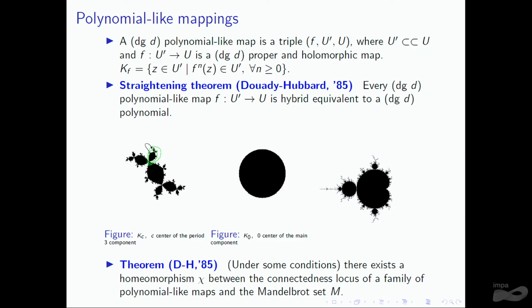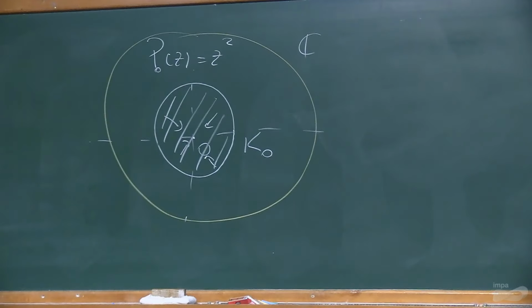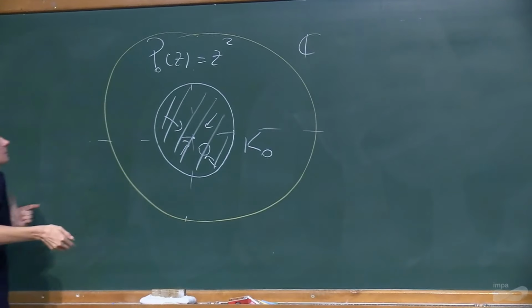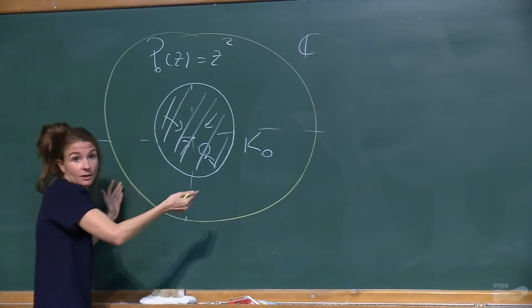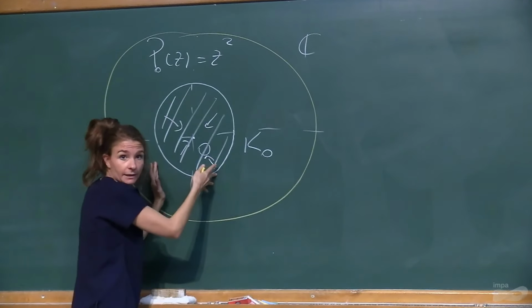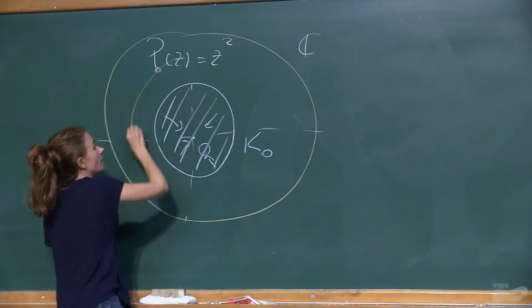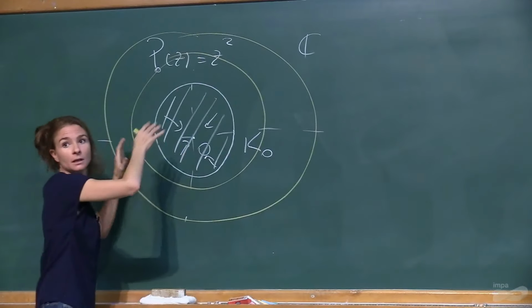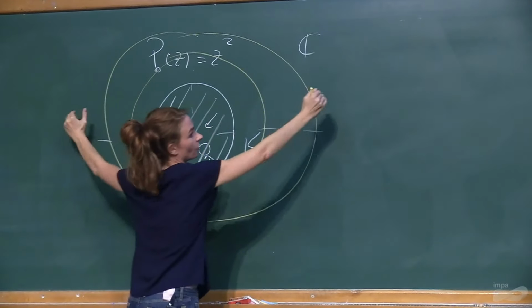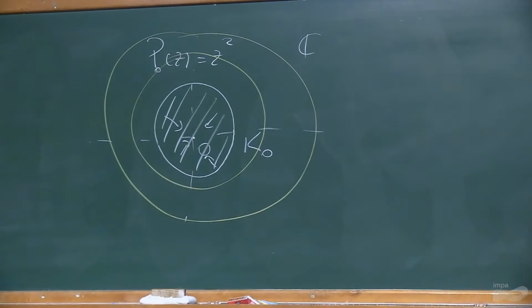And I look at the preimage of this neighborhood under my polynomial, I get another disk which is compactly contained inside, right? Why? Because the points are all going to infinity. They go pop, pop, pop, pop.